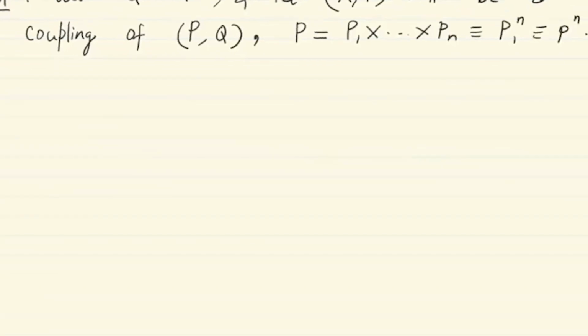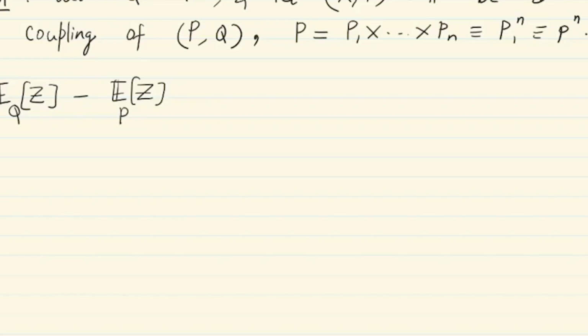So let's consider bounding the expected value of z with respect to Q minus the expected value of z with respect to P as the transportation lemma requires. So by coupling, this is just equal to E under the coupling measure, the joint distribution P, of f of y minus f of x.